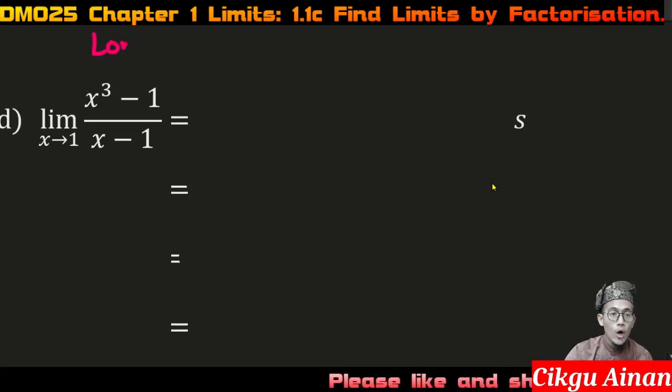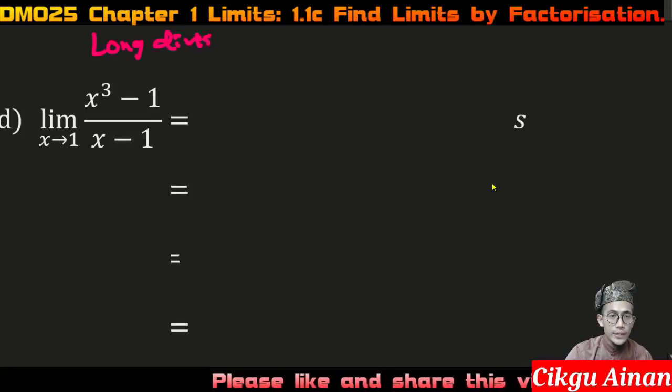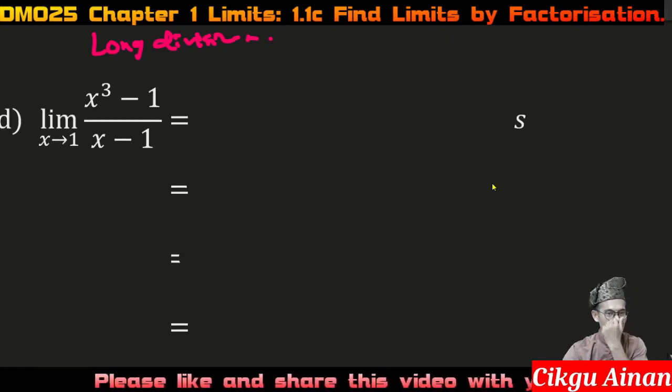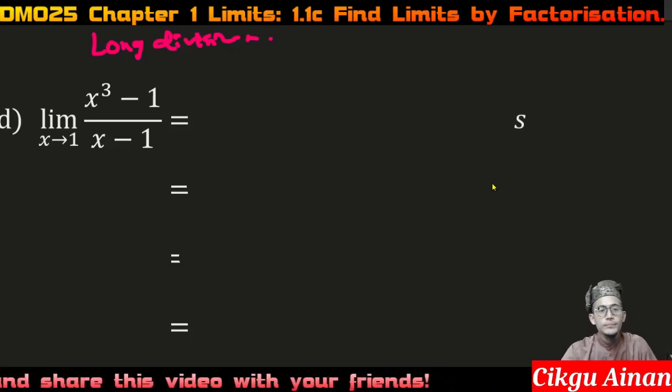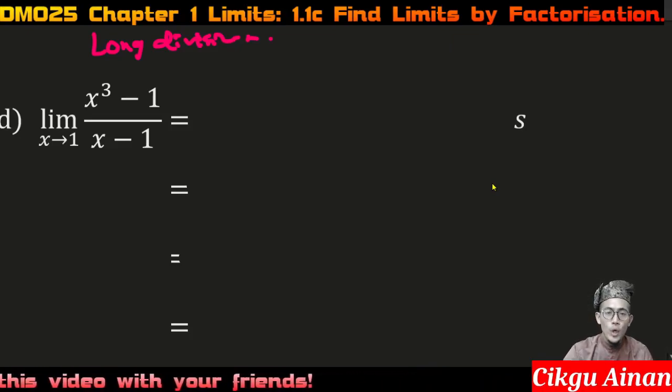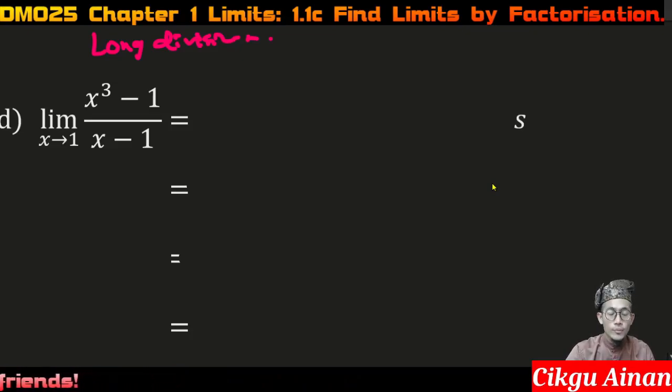do long division. We have to do long division. Okay, how to do long division? That's from your previous knowledge from the first semester.